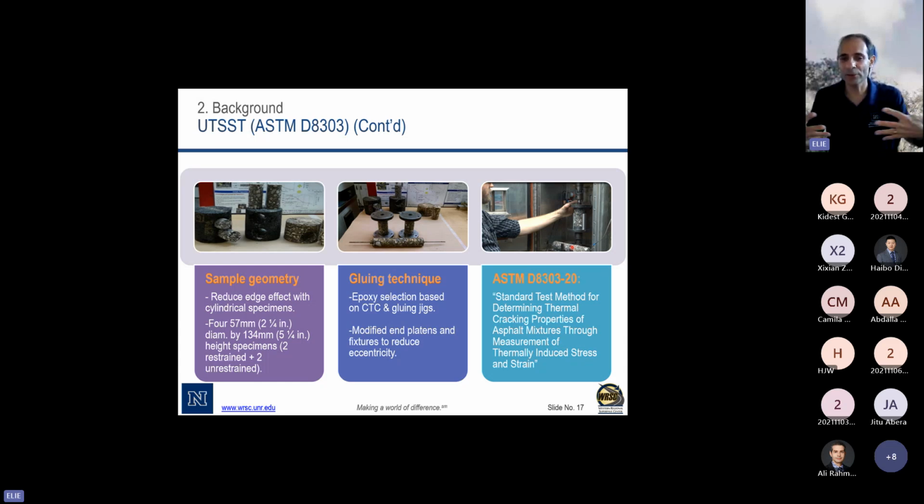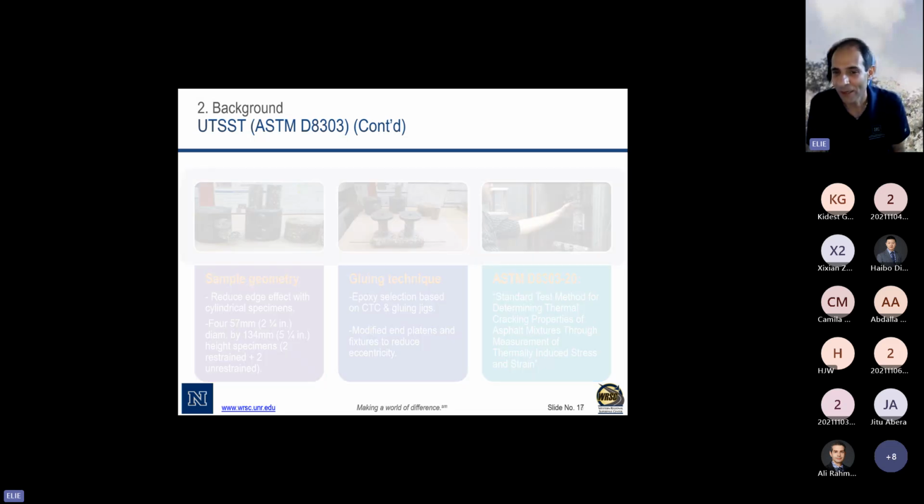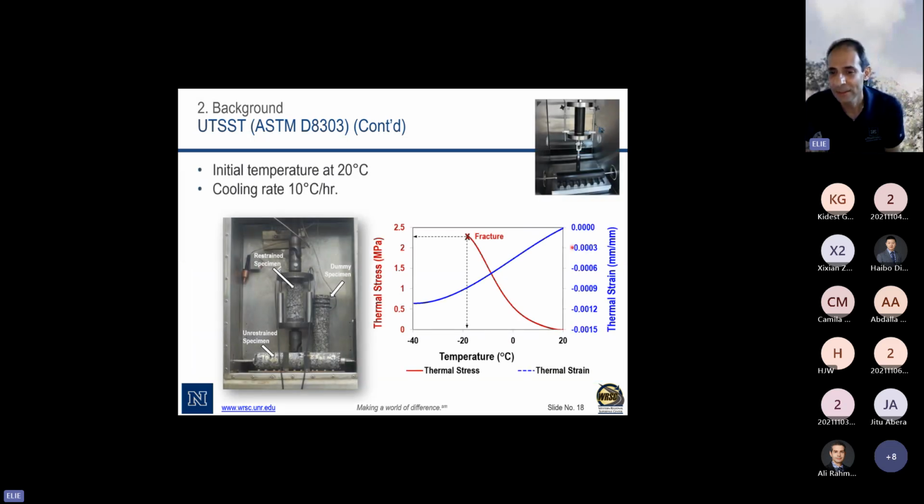And now if we combine the thermal stress and strain together, we can calculate a modulus. And that's the whole idea of that test. This is a very typical result where you see the red is the stress buildup with the temperature drop, and the blue is the strain, your thermal strain, with the decrease in temperatures.